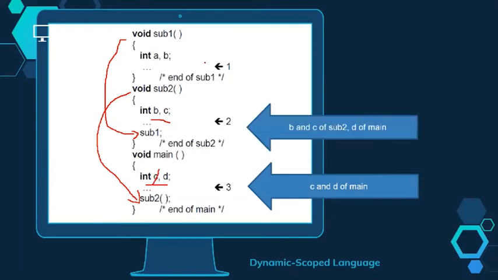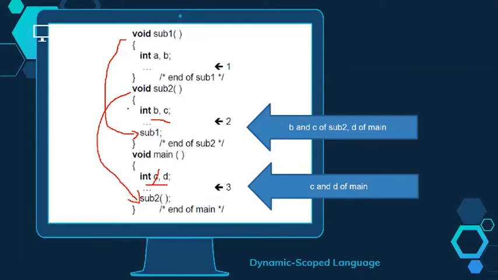Now in the first part, sub1 was called by sub2. So sub1 could access the variables in sub2. And since sub2 was called by main, then it means sub1 could access the variables in main. Just keep track of who's calling who.